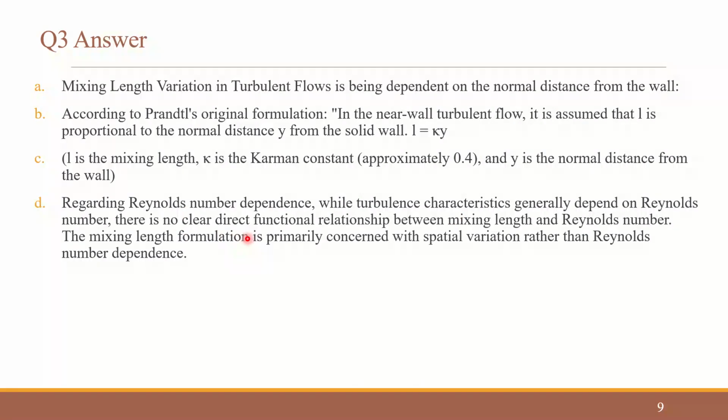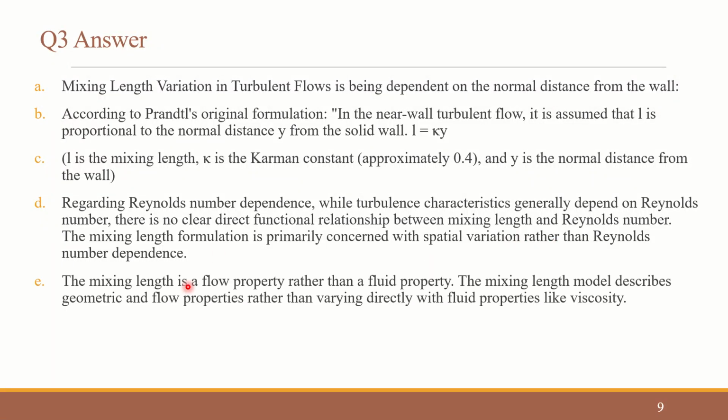The mixing length formulation is primarily concerned with the spatial variation, that is how far it is from the solid wall, rather than Reynolds number dependence. Mixing length is again a flow property rather than a fluid property. So the mixing length model describes geometric and flow properties rather than varying directly with fluid properties like viscosity.